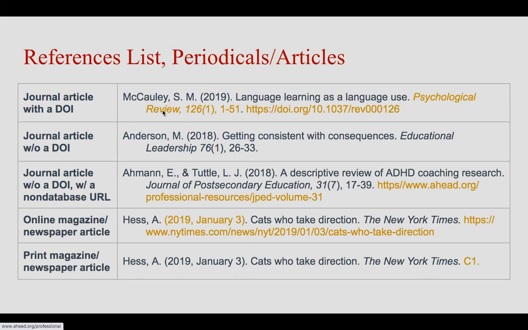Pay attention to capitalization here and italics that are used, and punctuation as well. So after volume and issue number, you've got the comma, and then you've got the page range for this article, period, and then the URL DOI.